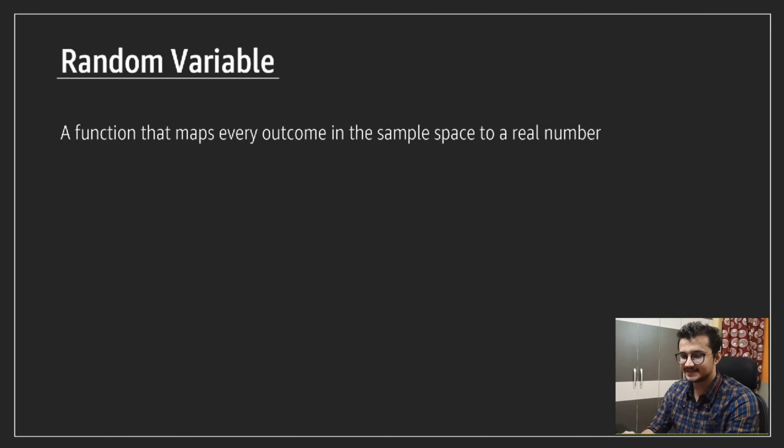Now, this might sound like too much, but we'll try to fit it into the storyline that we have going on here. We have an experiment, and we are conducting it. That experiment would have some sample space, or outcomes, all the outcomes that an experiment could have. Within that sample space, we could have a specific outcome, or a set of specific outcomes, that we are getting as an insight from the whole experiment.